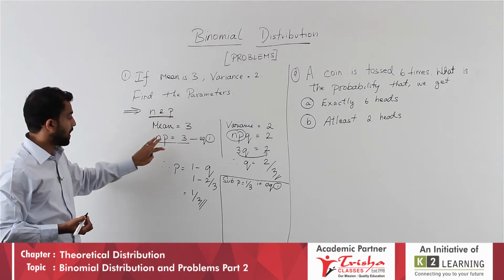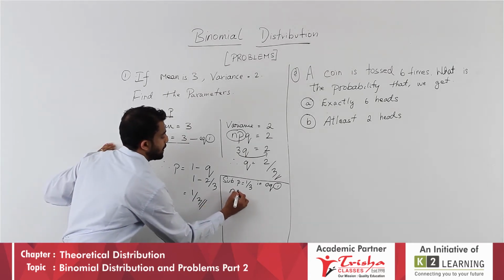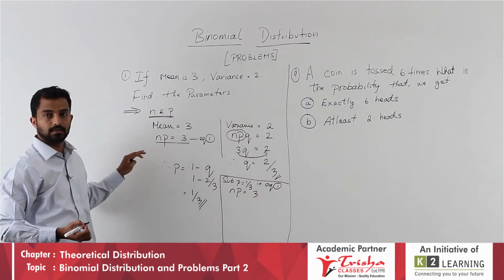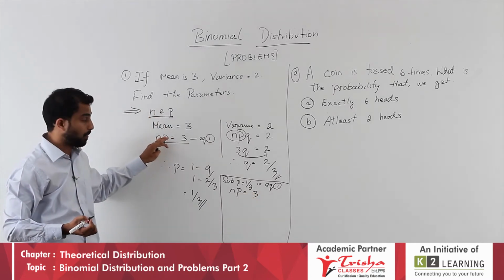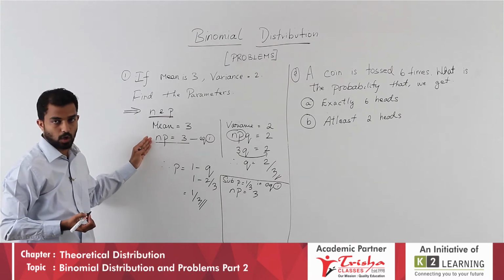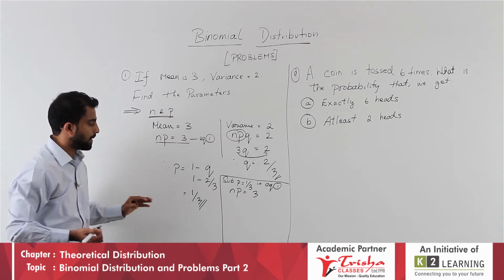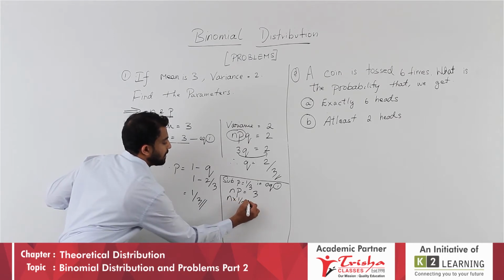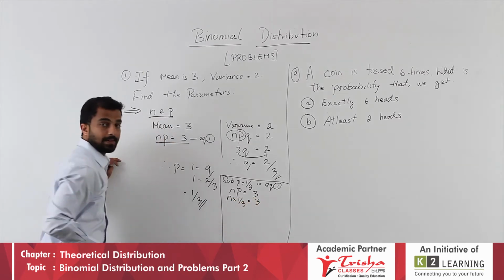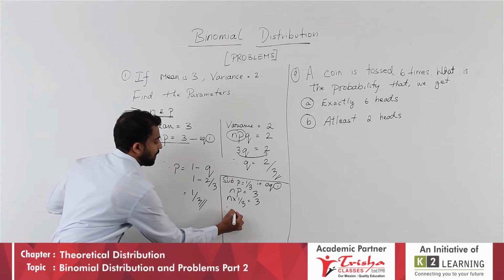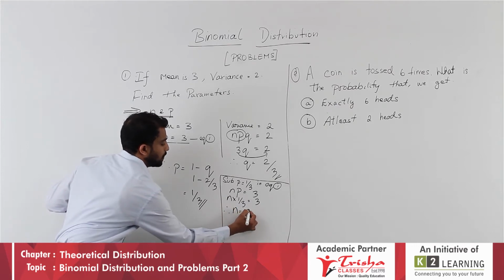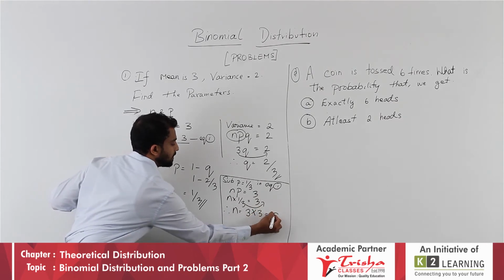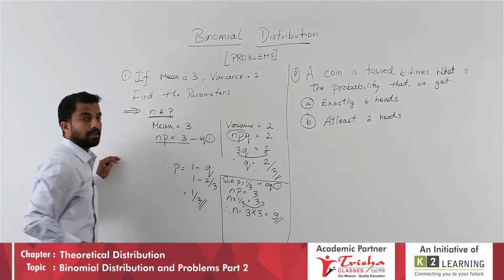What was equation 1? n into p is equal to 3. And what is n and what is p now? Definitely we do not know what is n, but we know what is p. So, I will write n into 1 by 3 is equal to 3. Therefore, n is equal to 3 into 3, which is 9.